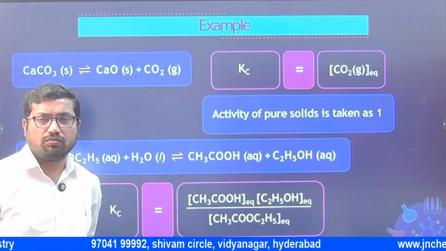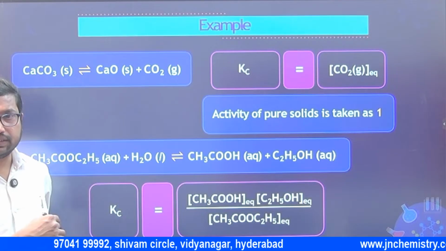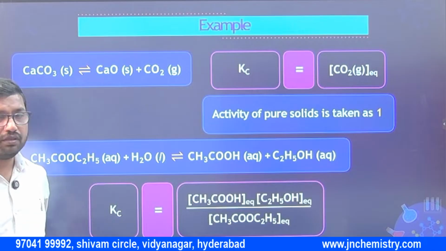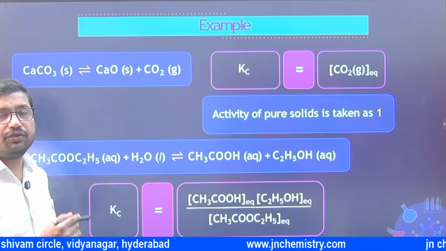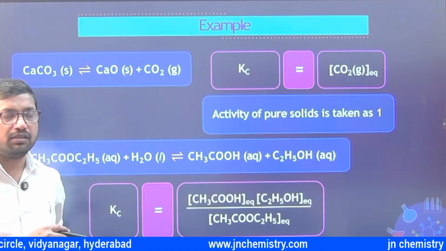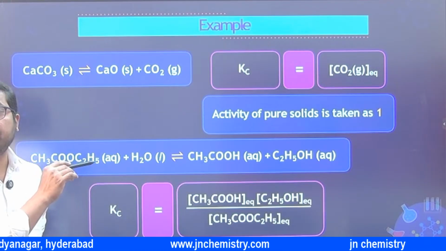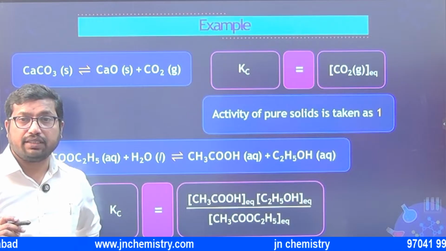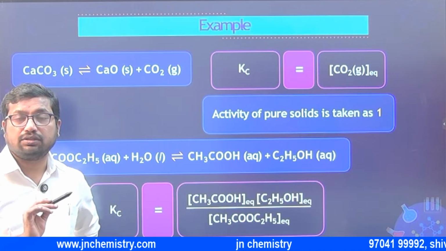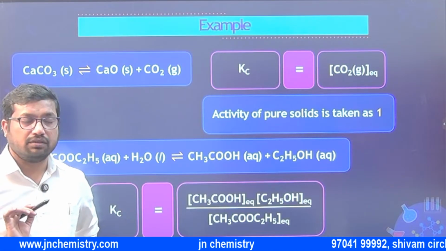Maximum tomorrow I'll try to finish chemical equilibrium. We'll move into ionic equilibrium. But they are majorly asking the numerical part also. And in some cases, from the 7 characteristics of equilibrium which I gave you, they are asking questions. So each and every point is important, don't ignore.